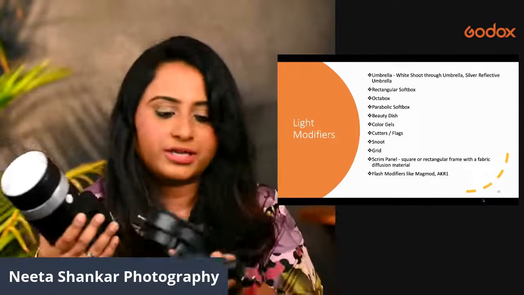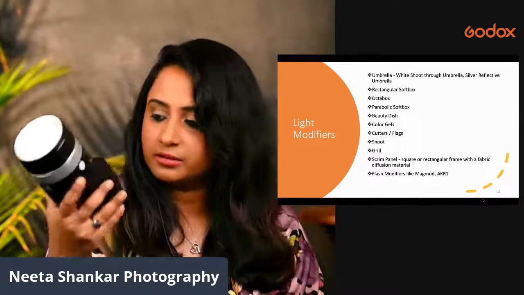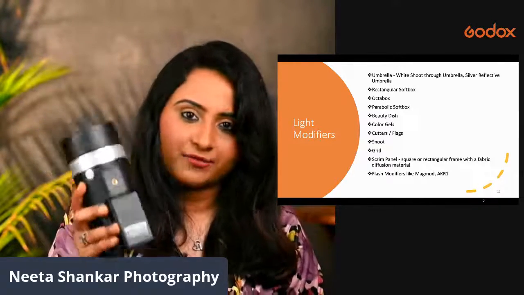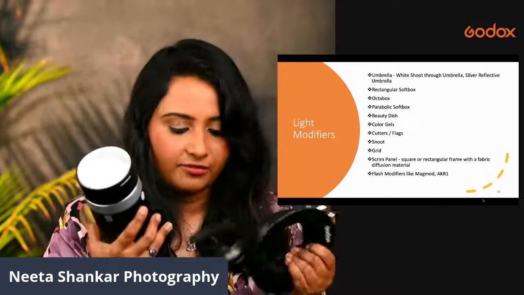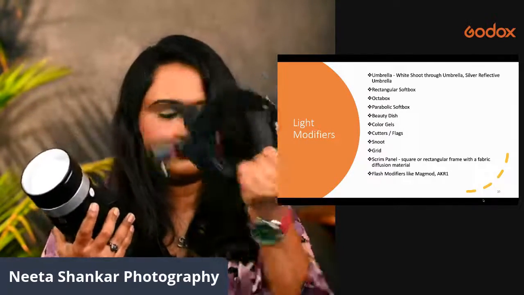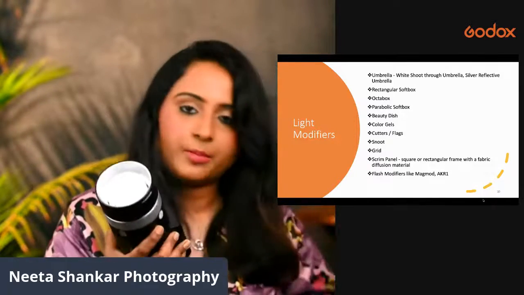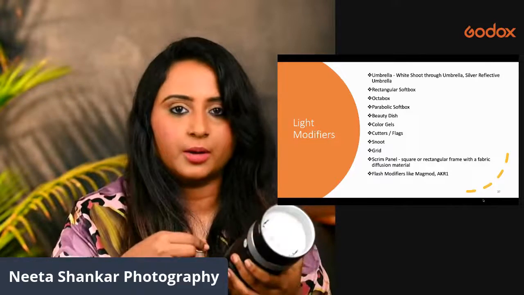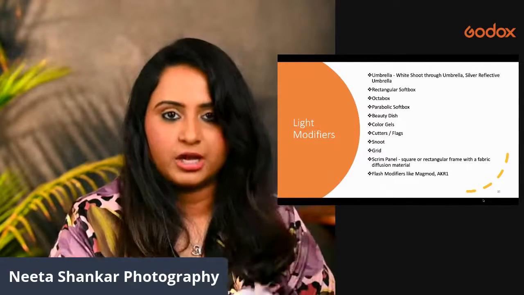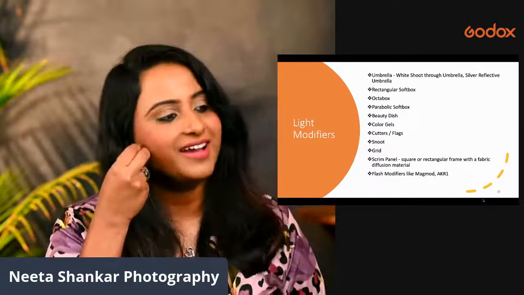Whether you're using an S bracket with the AD300 Pro, or the adapter that came with it, you'll have an umbrella mount through which you can slide in the umbrella and just use the flash with it. So that is one of the cheapest modifiers one can buy.